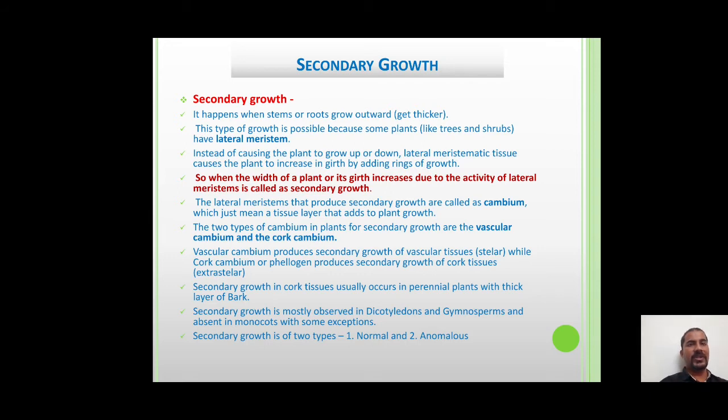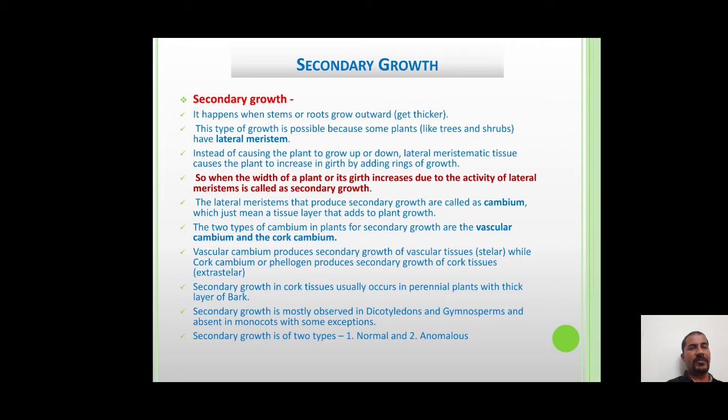Now moving to the secondary growth, we already discussed some part. It happens when the stems or the roots grow outward. That means they get thicker. There is an increase in the thickness. This type of growth is possible because some plants like trees and shrubs have the lateral meristem.